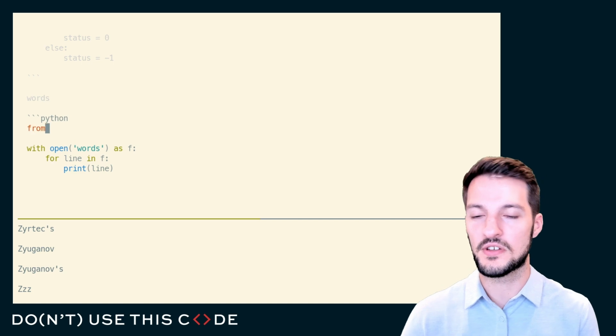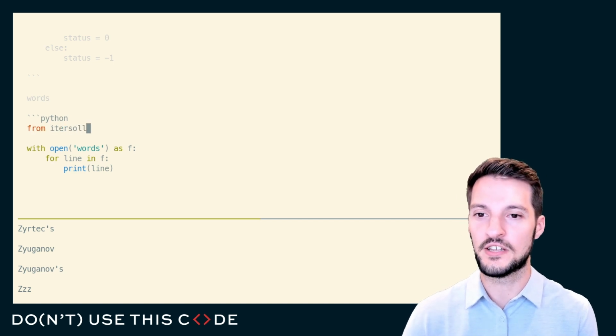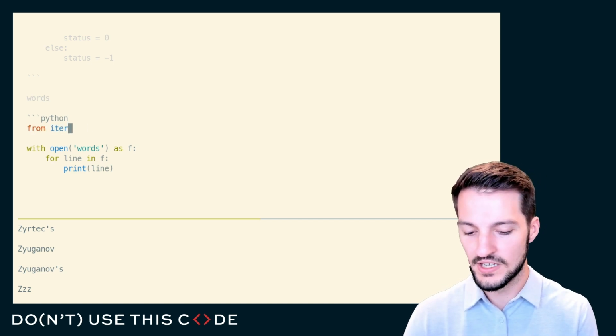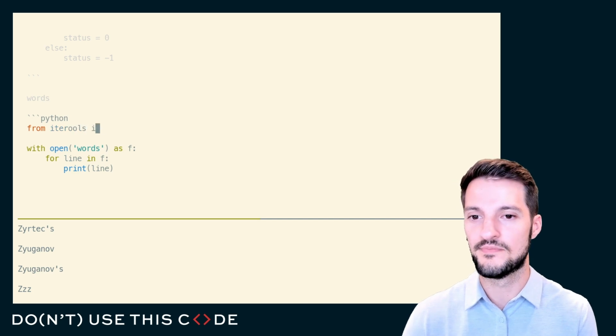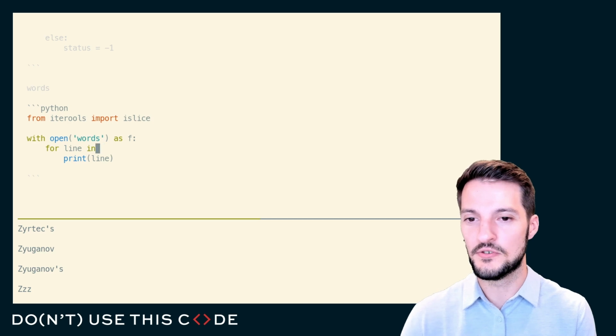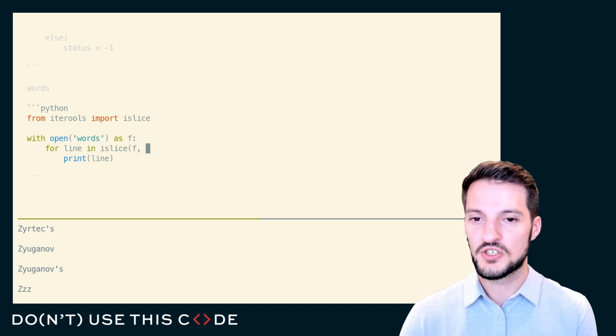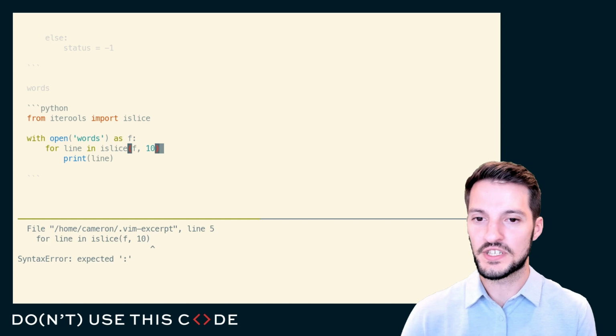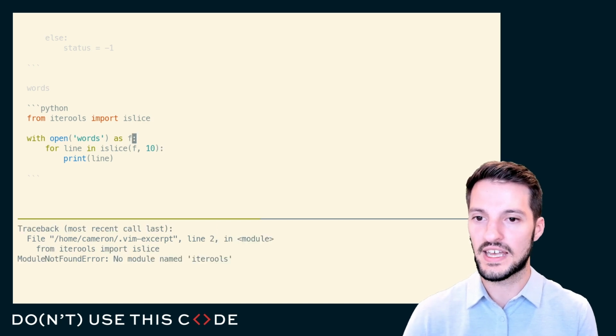Instead, we can use a little bit of itertools magic to simply iterate over the first chunk of our file. And what this lets us do is just focus on a small subset of our data instead of having to look at all of it.